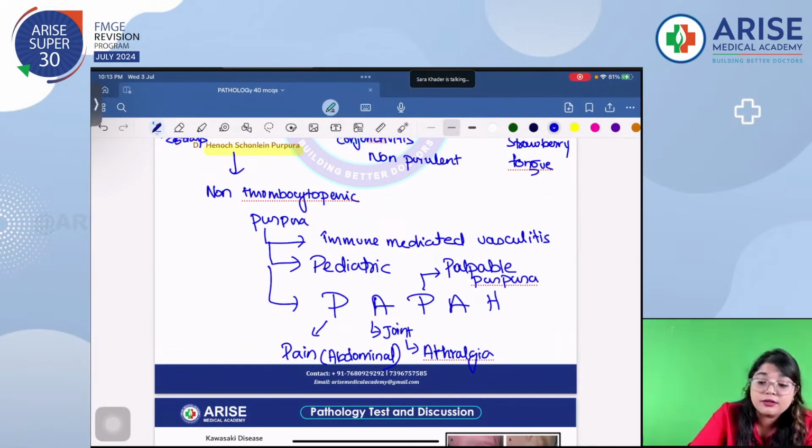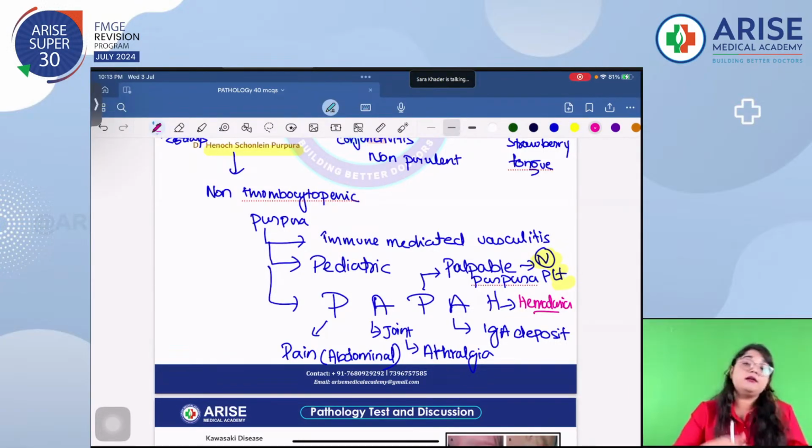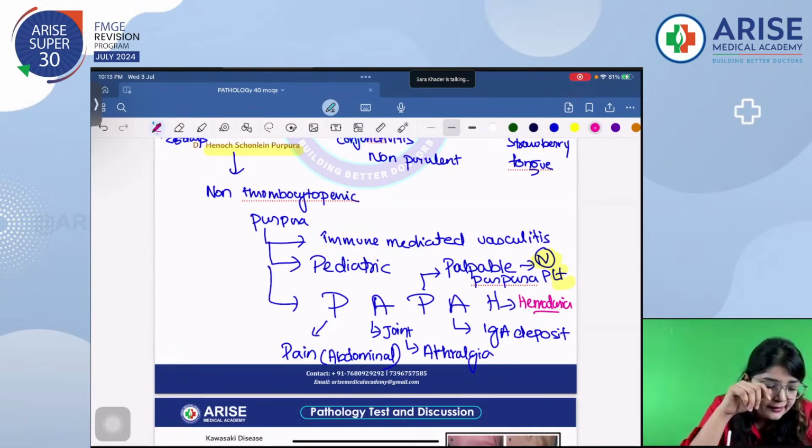Remember palpable purpura, normal platelets. It is not because of the platelets. There are IgA deposits. And you can also see hematuria. If it progresses further, it can lead to RPGN, type 2, right?